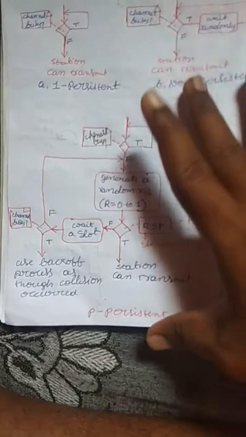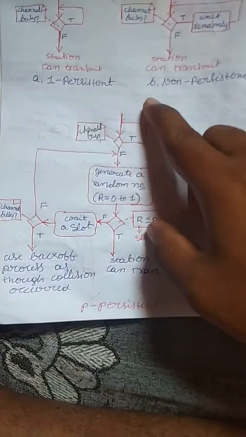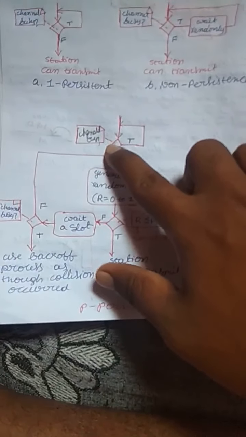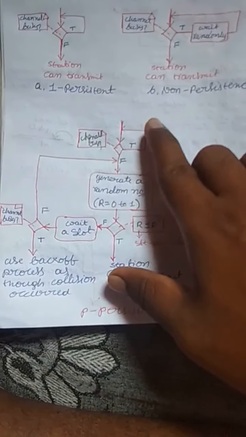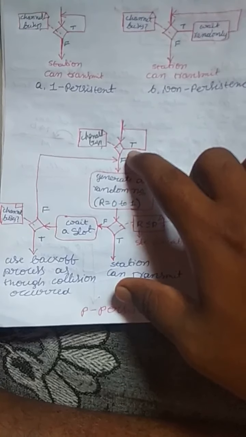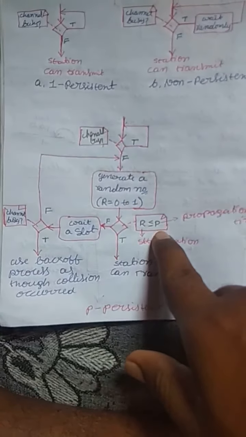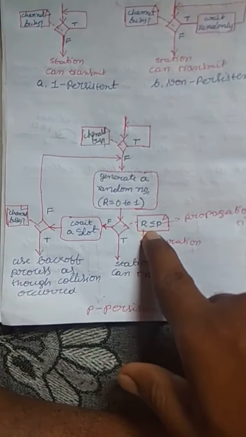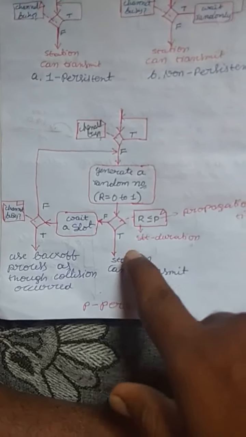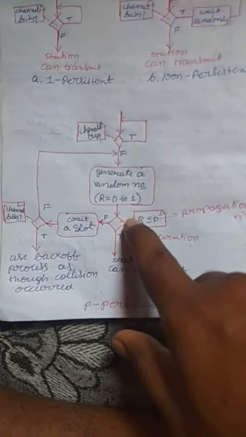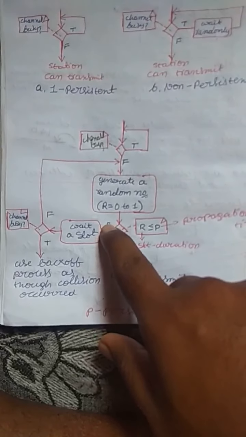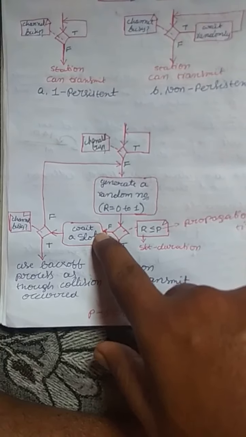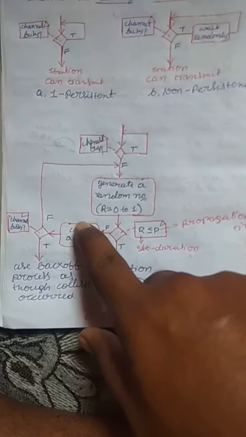I will tell once again. First, the station will check whether the channel is busy or not. If it is not busy, it will check the second condition: R is less than or equal to P. If this condition is true, then the station can transmit. Otherwise, it will have to wait for the beginning of the next slot.